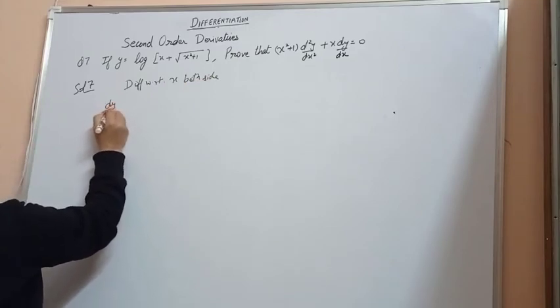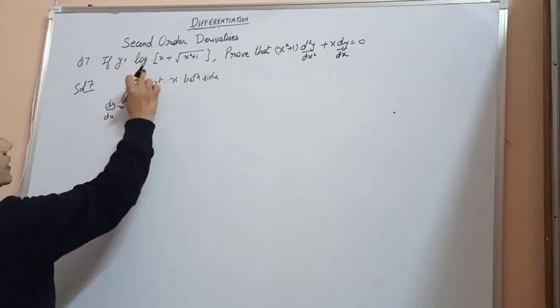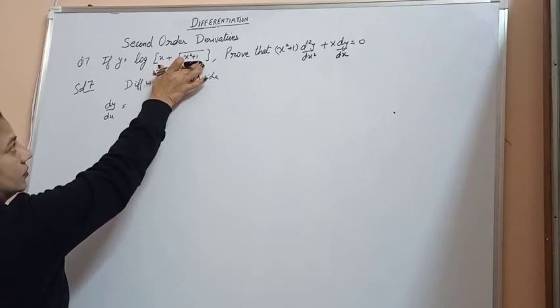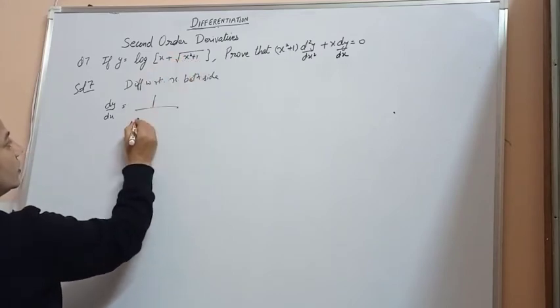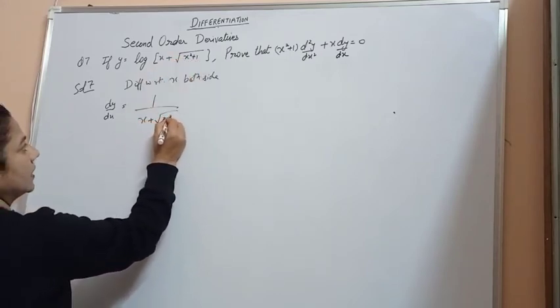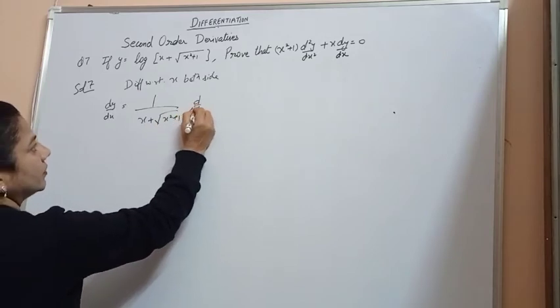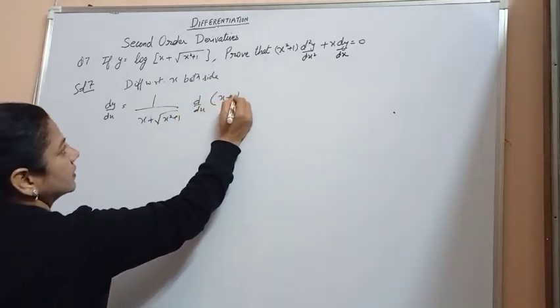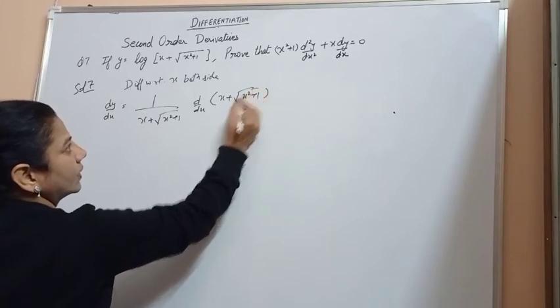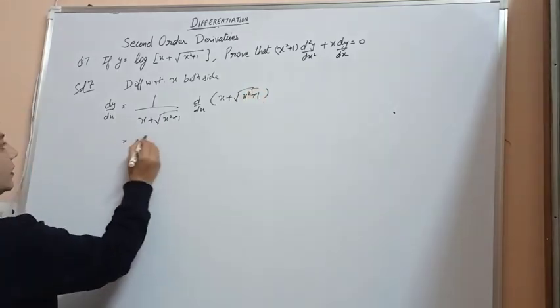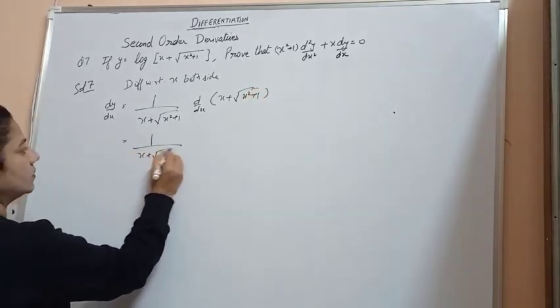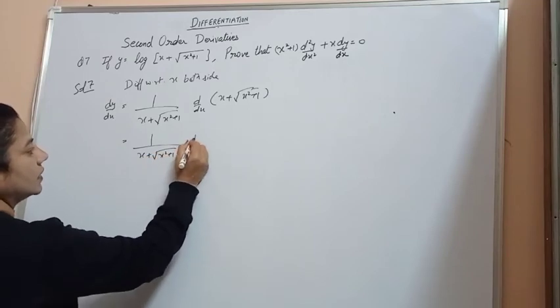We get dy by dx is equal to the derivative of log function is 1 upon x plus under root x square plus 1 into derivative of x plus under root x square plus 1. Again we have 1 upon x plus under root x square plus 1.